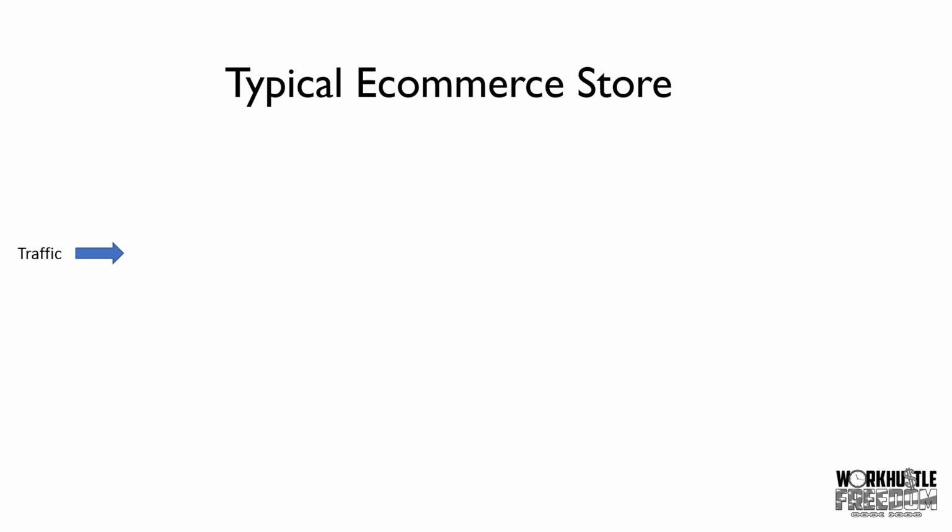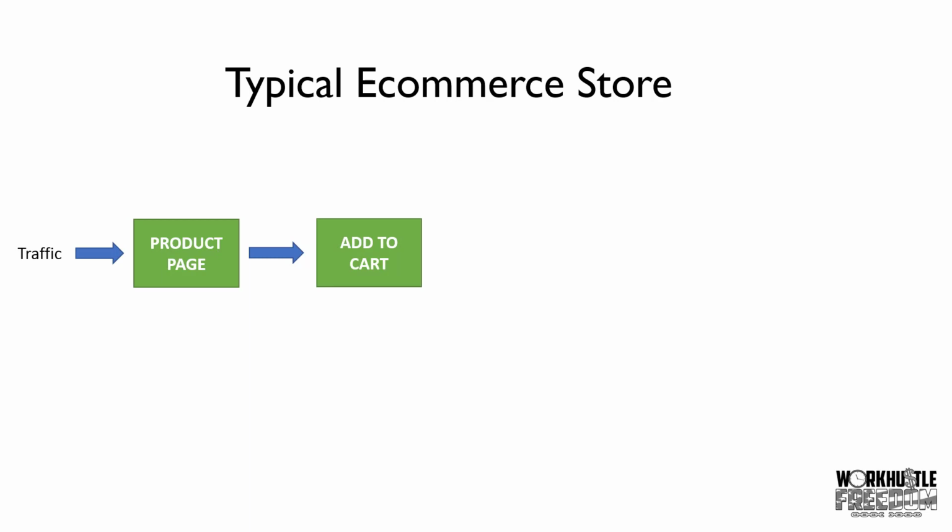Most people send their traffic for their e-commerce store to a product page, and that'll list the product you're showing in your ad, and then possibly other related products. From that product page, somebody will add to cart, and if you're fortunate enough to have an upsell, you can present them with an upsell.